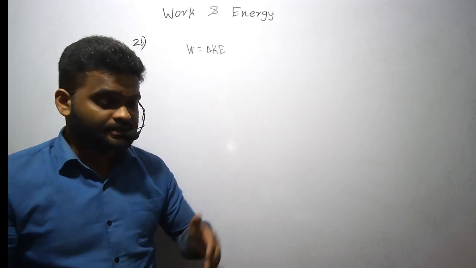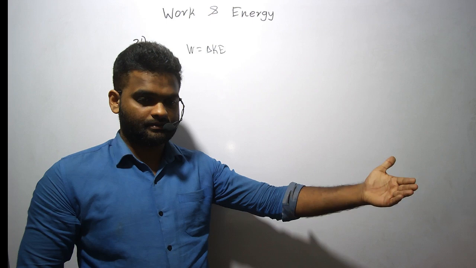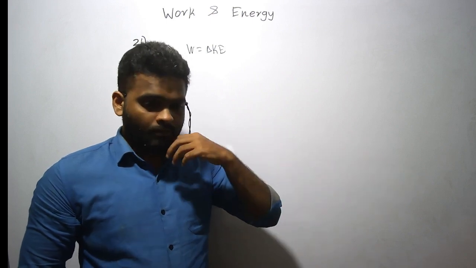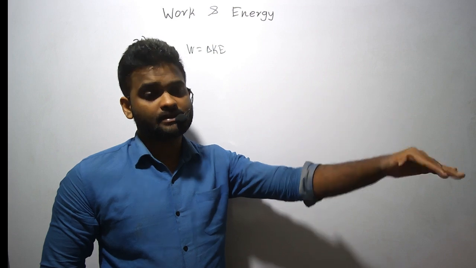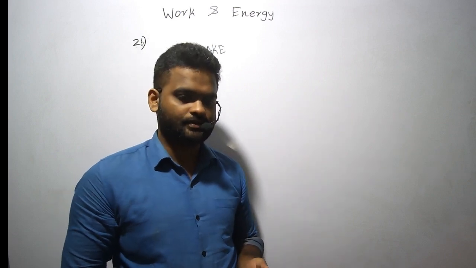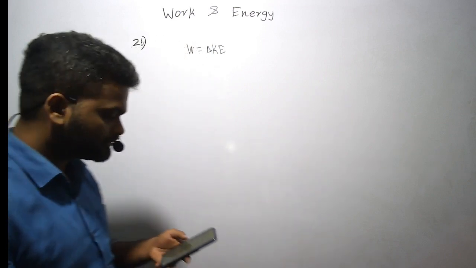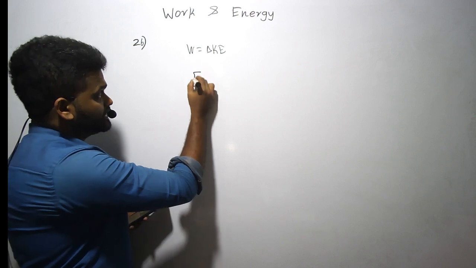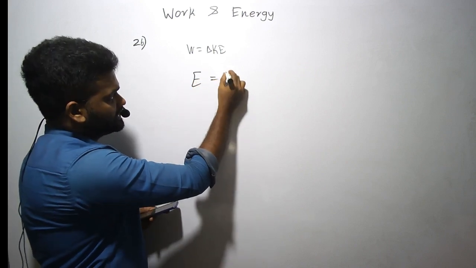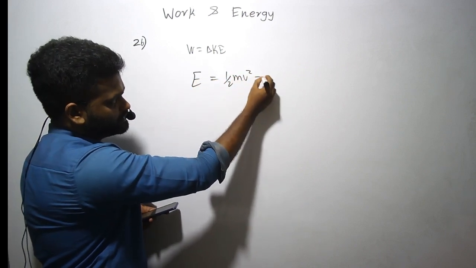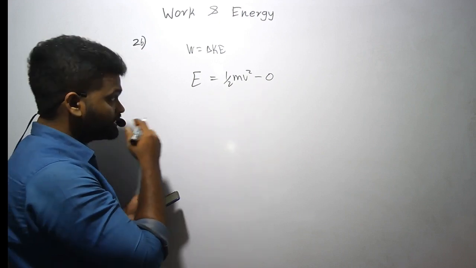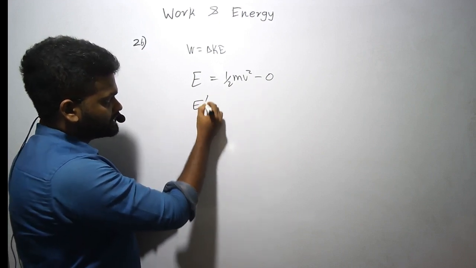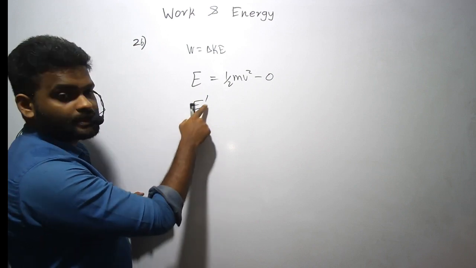To increase another v in the second case, you need 3 times the kinetic energy. Understood? So in the first case, kinetic energy gained is half mv squared minus 0. Initially it's 0, then half mv squared. Second case, let's say the work required is E dash.